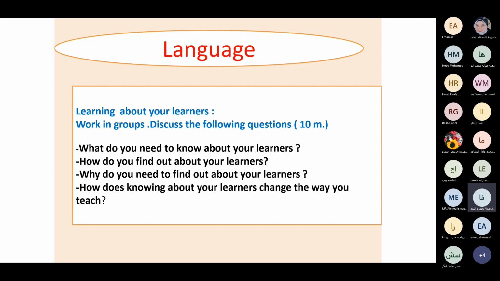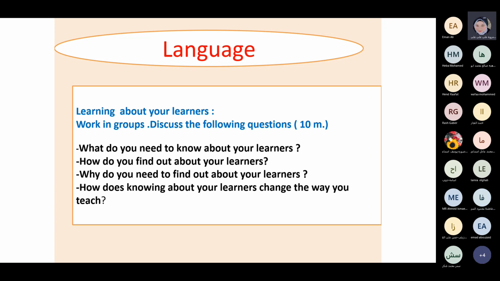I need to know about my learners, the level of their experience, and I need also to know their motivation for learning, problems of learning, and cultural background, their needs, their special educational needs, their age, and their gender.